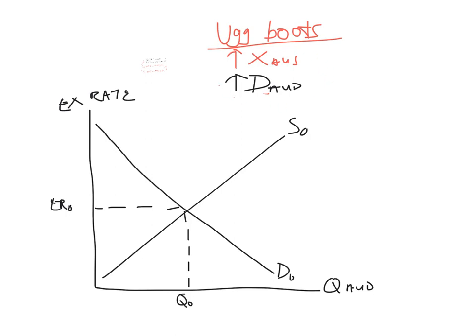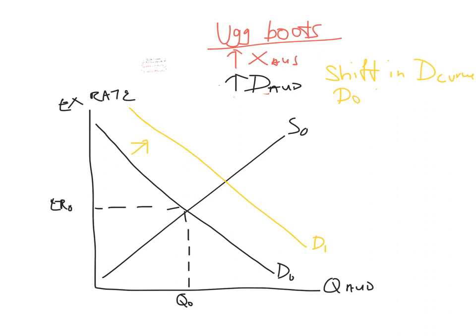Okay, which means you can draw up a new demand curve. I'll use a different color to show you that. D1. Right? So there's going to be a shift in the demand curve.